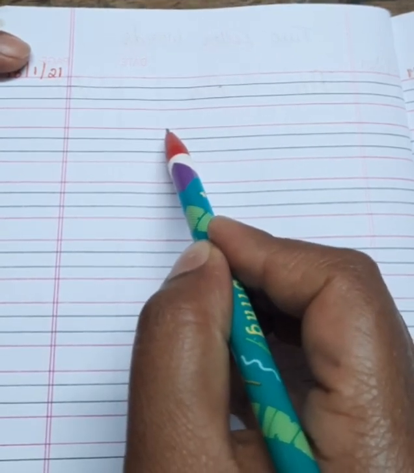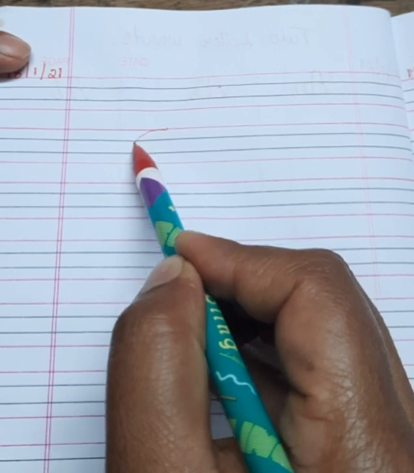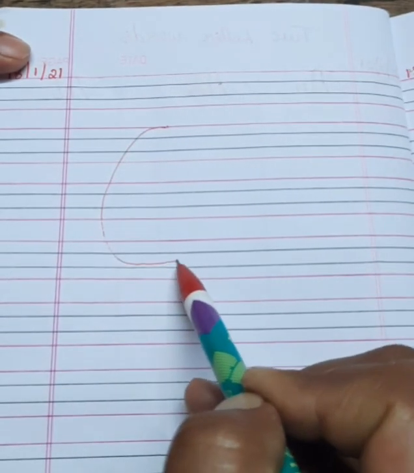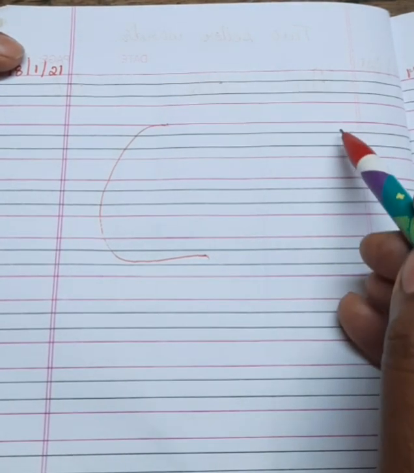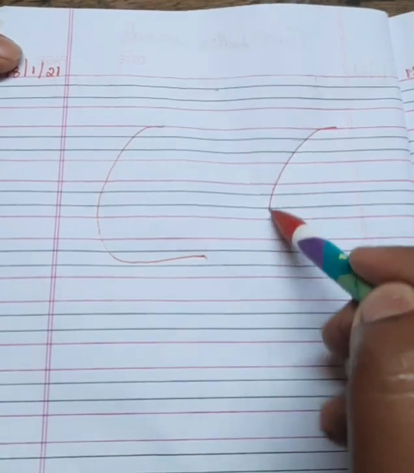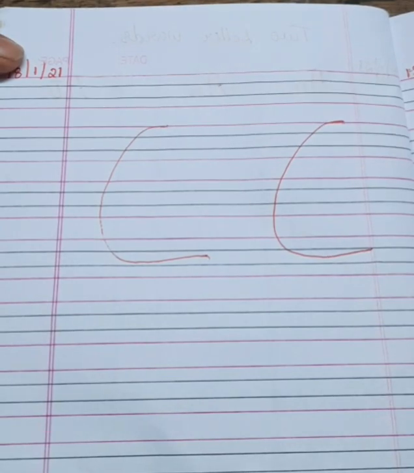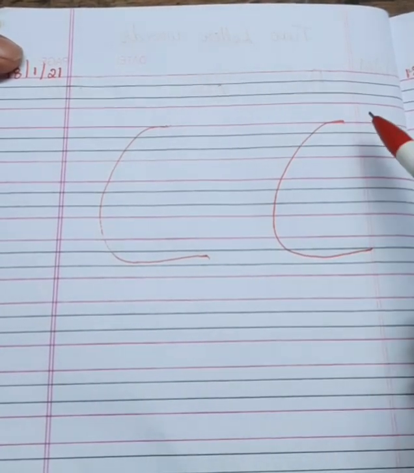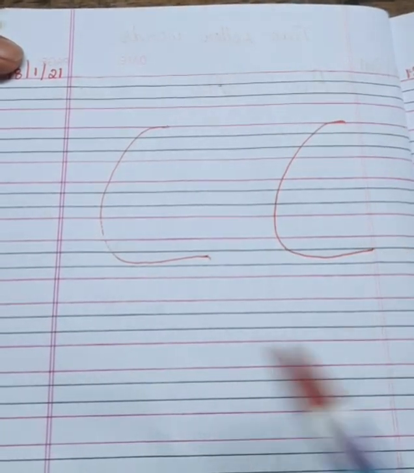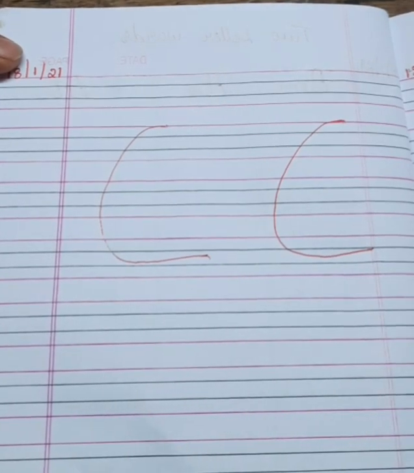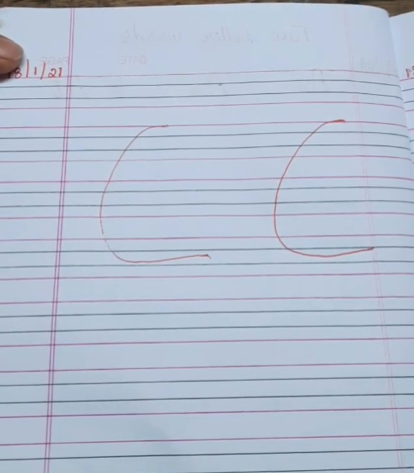Starting from here. Come down. Okay. This is C. Once again, I am going to write C here. This is a curve, right? So, this letter is C, right?